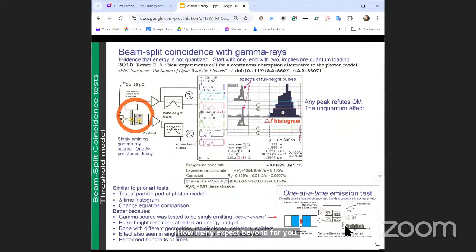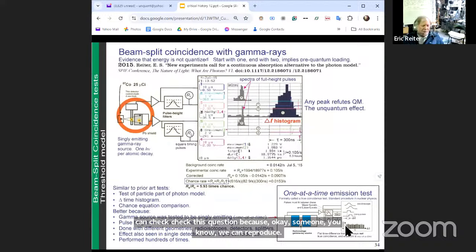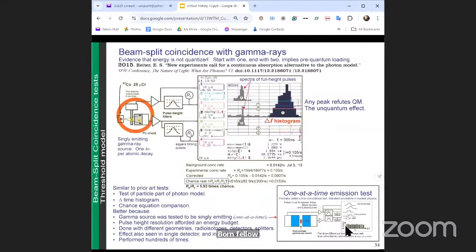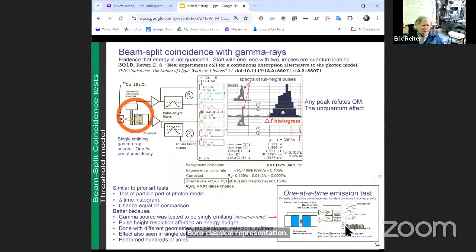I can check this question. Okay, they're holding me to a very high standard. All right, I do have an answer. By using the beam split coincidence experiment, I've made discoveries in material science.